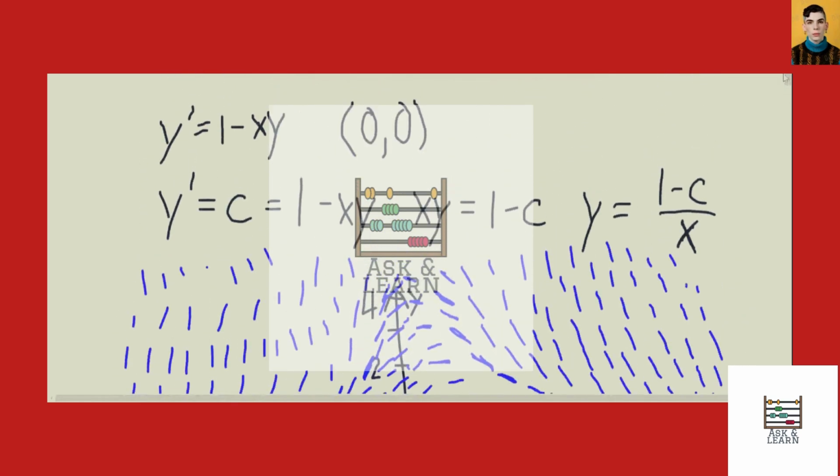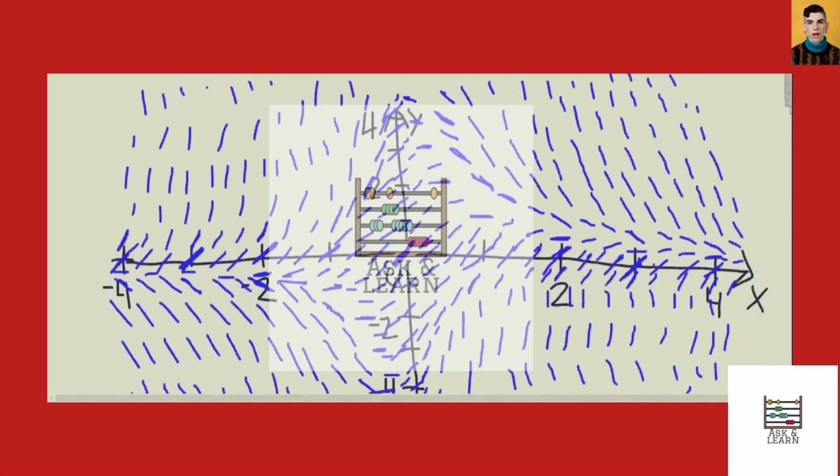And in order to find the curve which contains the point (0, 0), first note the point (0, 0) is on this curve. I'll mark it in green, and we'll try to follow all the tangents as closely as possible with that curve.